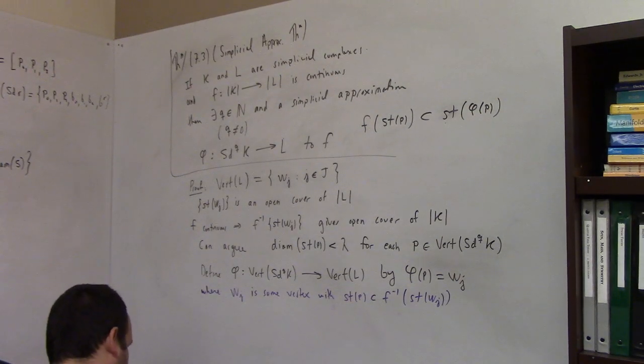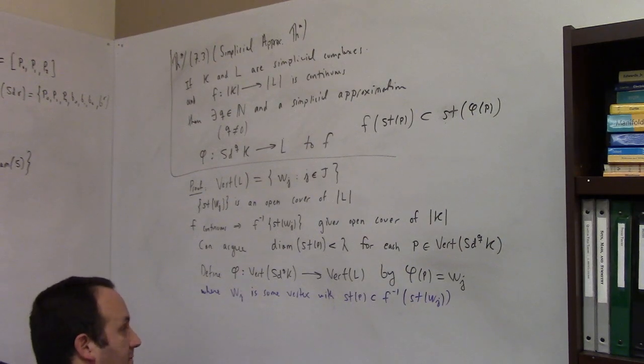He says Wj exists by the definition of the Lebesgue number, and if there's more than one choice, just make a choice. Okay.